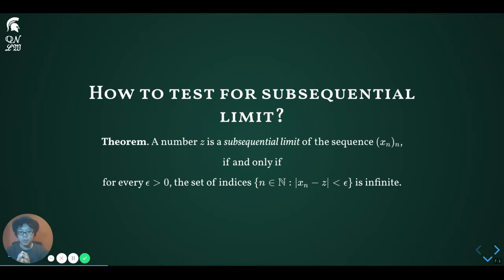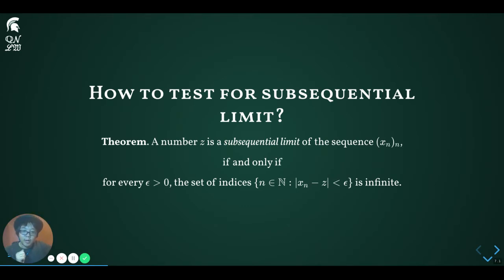What is the difference between a subsequential limit and a limit? A limit has the sense of a point of no return. For a limit, there is an index capital N after which the sequence can no longer leave the immediate environs of the limit. A subsequential limit is a bit more lax.